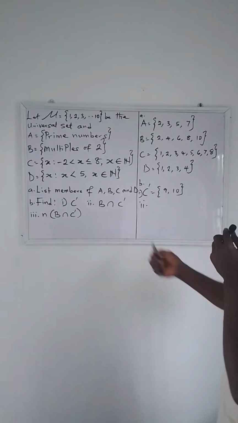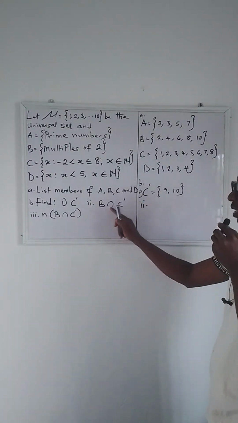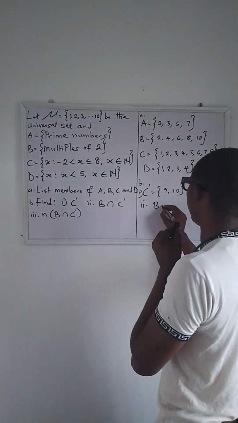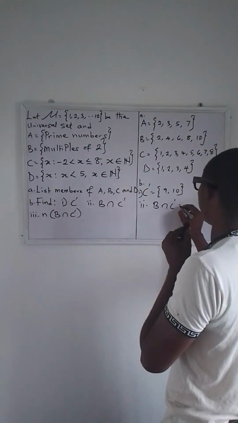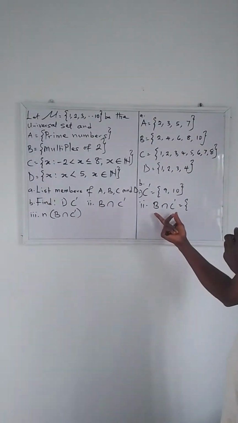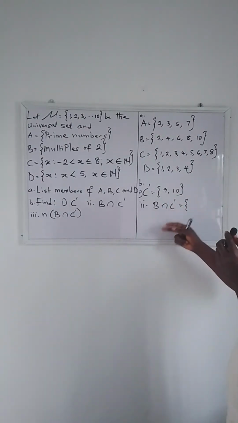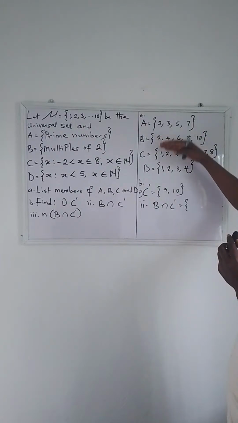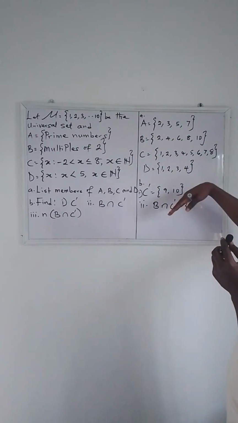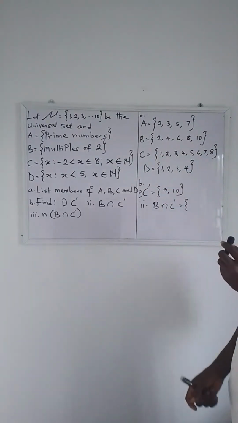Now we have B intersection C complement. What are we expected to do here? We need members that are in B and are also in C complement.